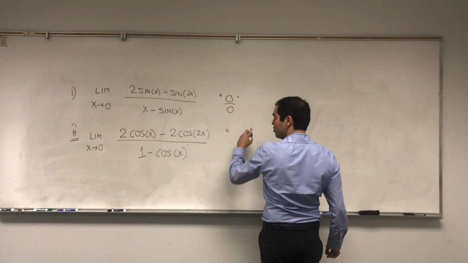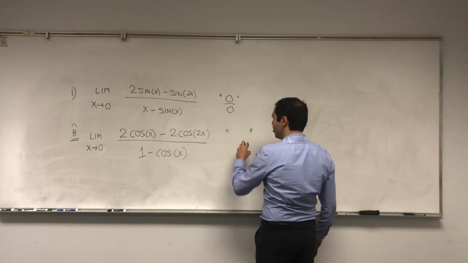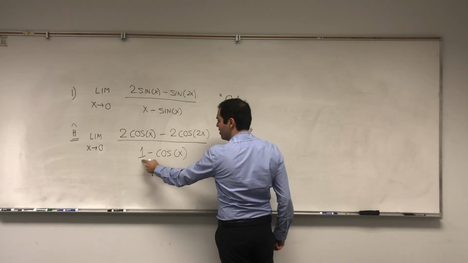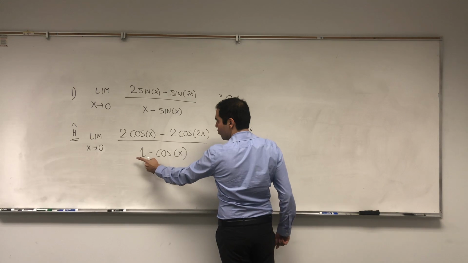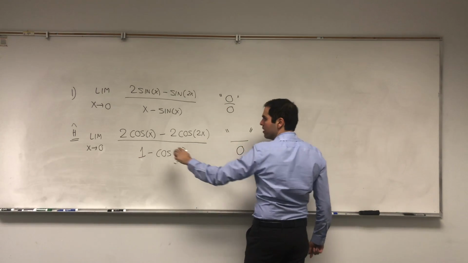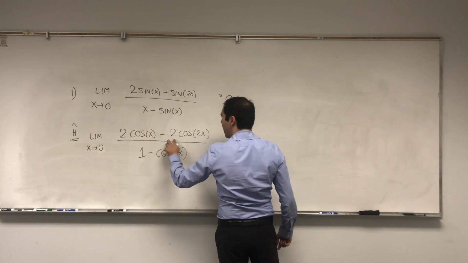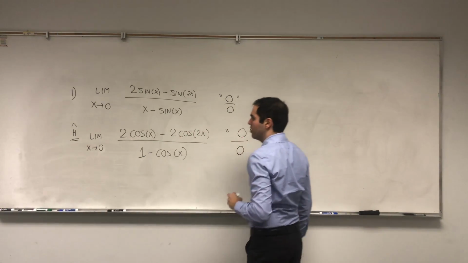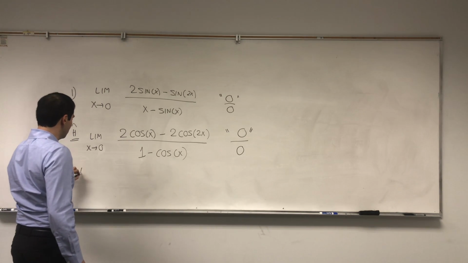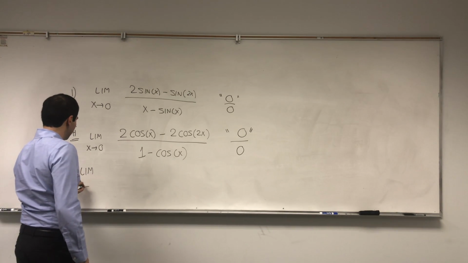And again, we want to use L'Hopital's rule again. So let's check if it's of the form 0 over 0 or infinity over infinity. Well, here, 1 minus 1 becomes 0. And then 2 minus 2 also becomes 0. So it's ready to be L'Hopital.